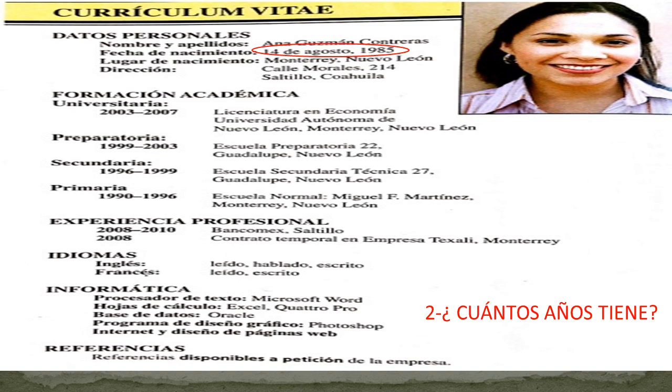That's how we tell age in Spanish. Another question could be, when was she born? That should be preterite because being born is a one-time event in the past. So, ¿cuándo nació Ana? Ana nació el 14 de agosto de 1985.